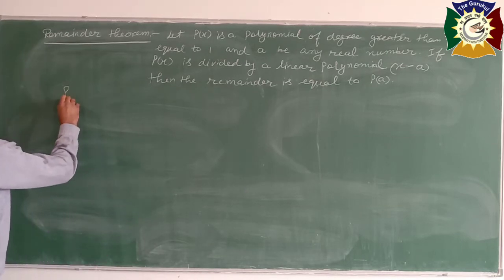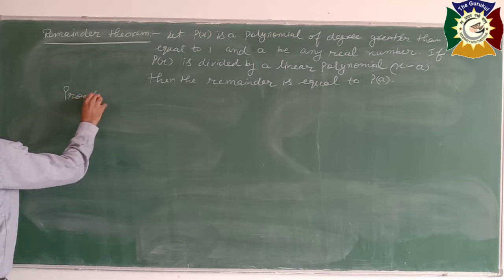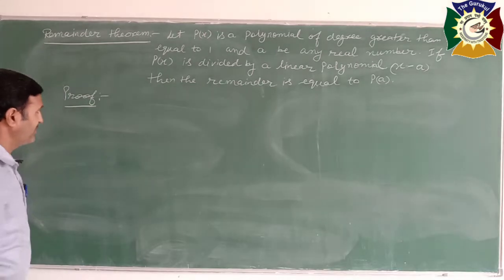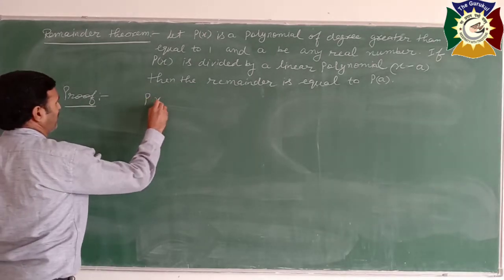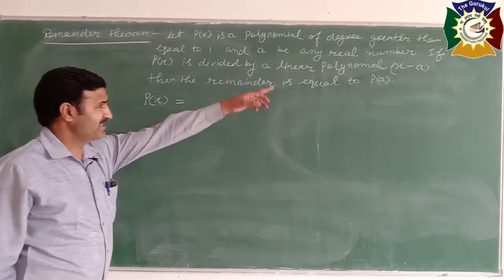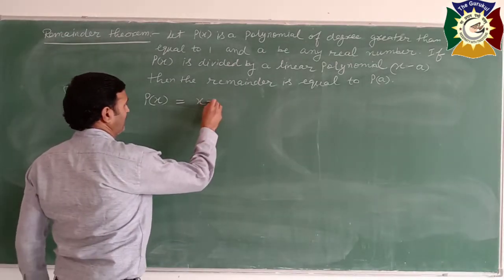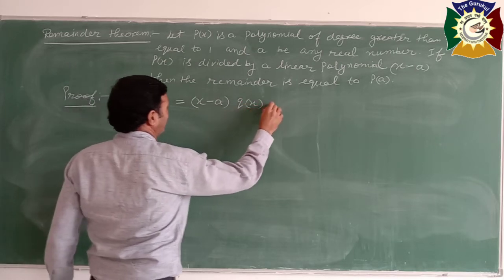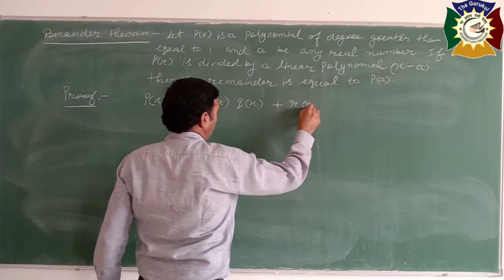Proof of this theorem: we know by the division algorithm p of x is the dividend here, and we know the divisor is x minus a, and let the quotient be q of x and remainder r of x.